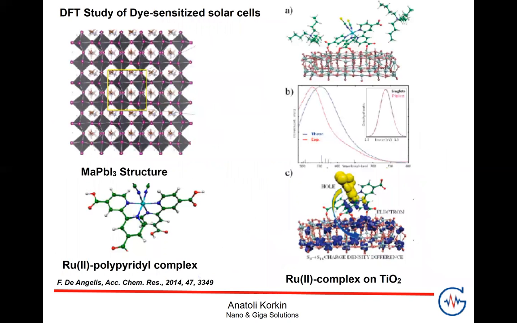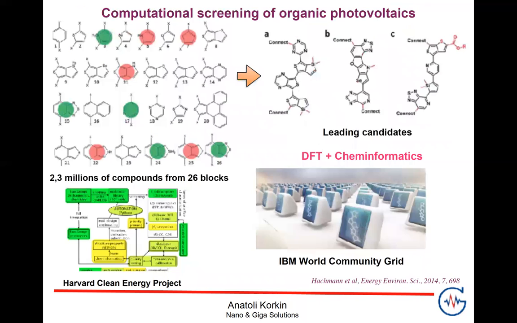Next, a few slides, four slides, show some examples of the use of artificial intelligence methods in the search for new materials in energy. In this case, this is an example of a DFT study of dye-sensitized solar cells. This method has been used in computational screening of organic photovoltaics, and they also used a broad network of the IBM World Community Grid, which is an interesting example.